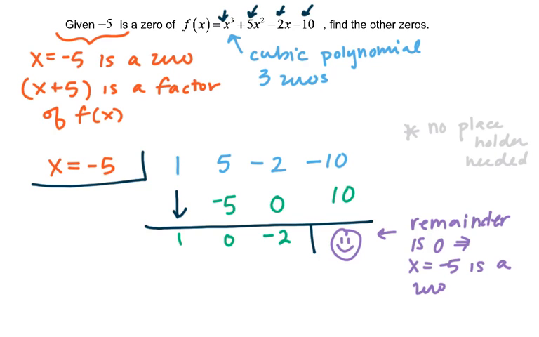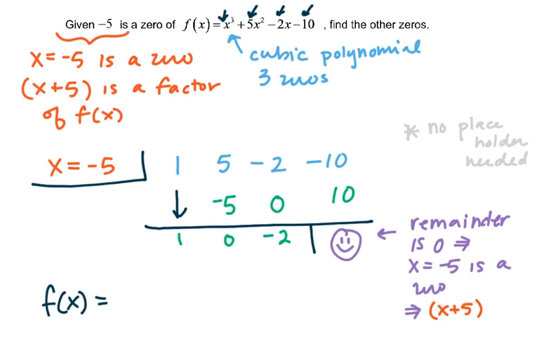So that should make perfect sense to us. We are expecting to get 0 here. So x equals -5 is a 0, but what that means then is the factor x plus 5 is going to be a factor with my quotient. So this allows me to factor my polynomial.